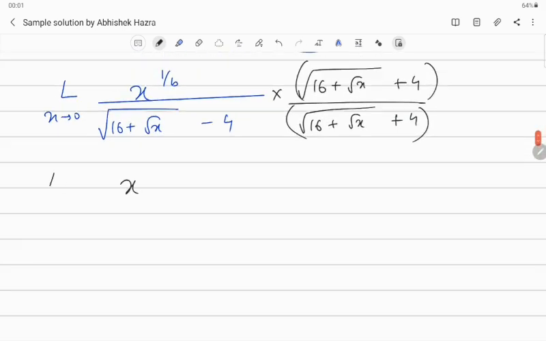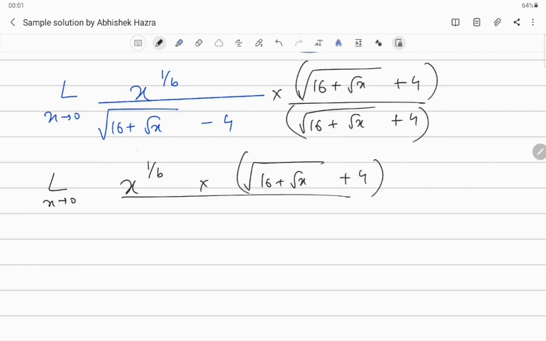Now it will become limit x tending to 0, x to the power 1 by b into this root 16 plus root x plus 4, and this will become (a minus b) into (a plus b). So the formula is (a minus b) into (a plus b) is a square minus b square.